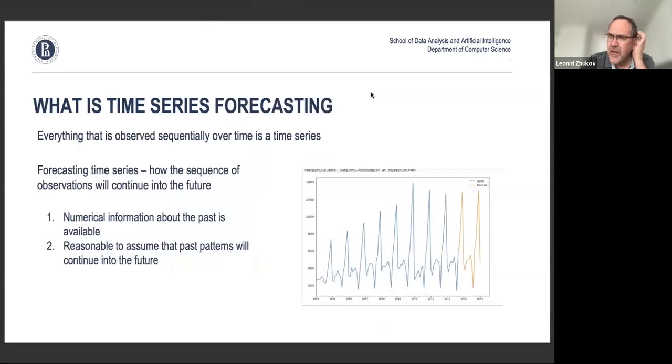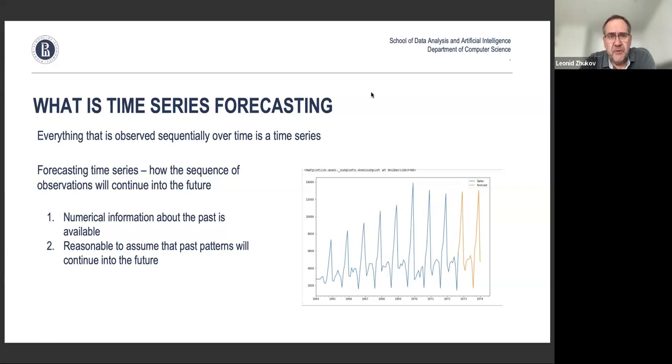Demand forecasting is based on time series forecasting, right? And what's a time series? Well, everything that is observed sequentially over time is a time series, every variable. Forecasting a time series is a prediction problem: how the sequence of observations that we had will continue into the future. In this picture, you see the sales, for example, and I want to forecast how it will go forward.